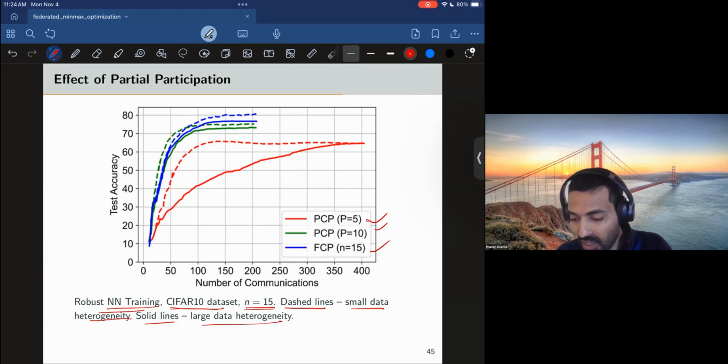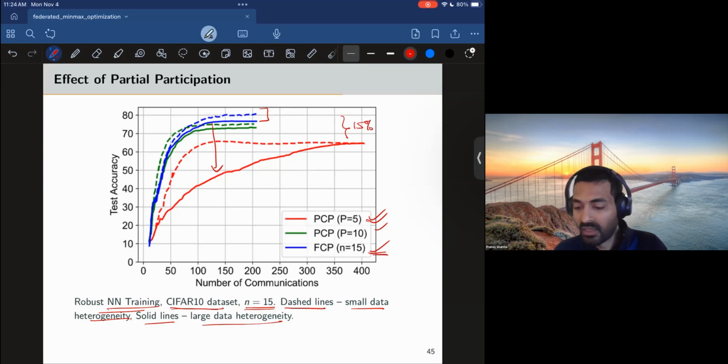As you can see, when we go from 15 clients, which is full participation, the blue curves, to 5 clients, if you have a large amount of heterogeneity in the system, the performance decays significantly. Even in terms of eventual performance, there is a drop of about 15%.